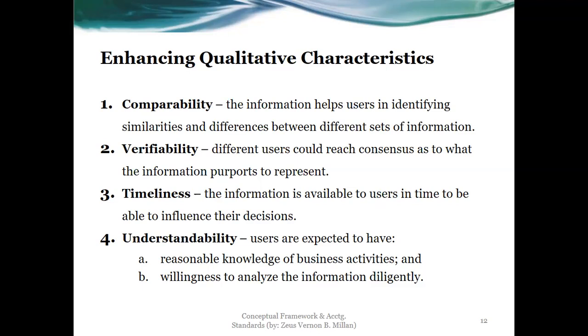And finally, that's timeliness. So completing the VCUT for enhancements, the information is available to our users in time so that they would be able to influence their decision. So the information is available as soon as it is needed by the respective users.